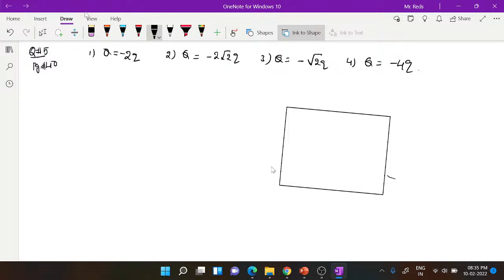On this square, at three corners plus q charge is placed. Plus q, plus q, plus q.